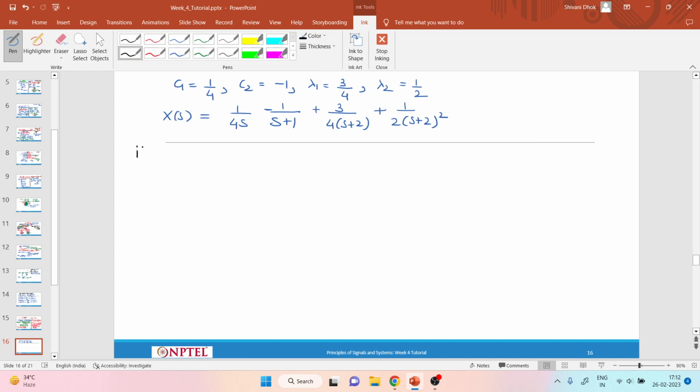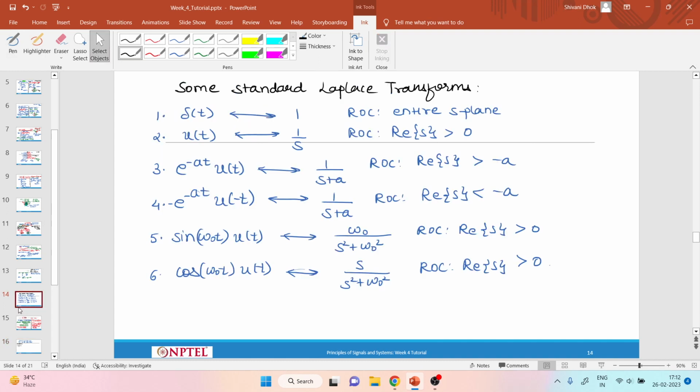So the first case is of the ROC, which is given something like this, that is real part of s is greater than minus 1. Okay, let's say it is not minus 1.